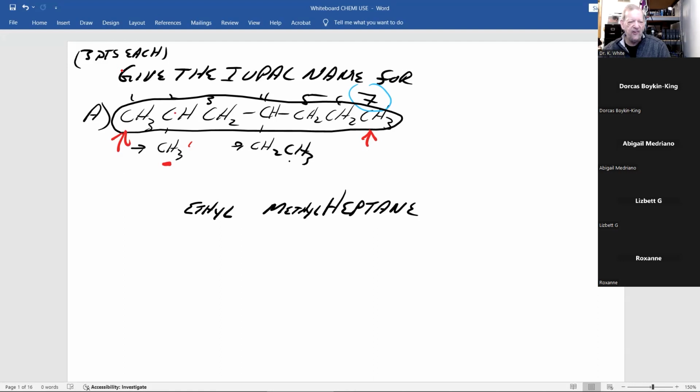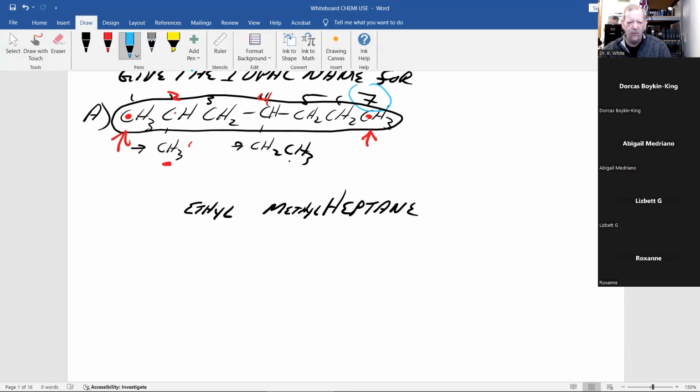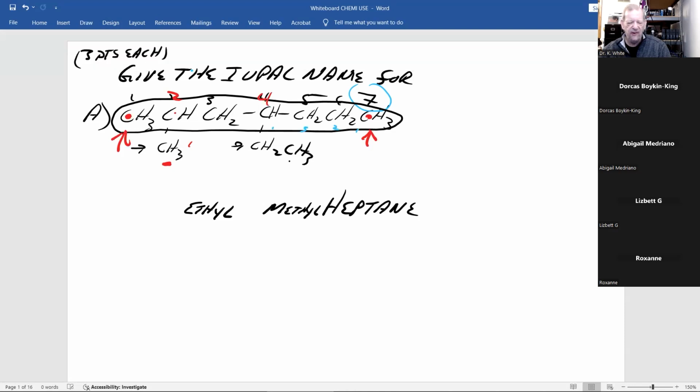No, you have to start from the end of the chain. If we start here, this is on carbon 2, this is on carbon 4. If we go the other way, 1, 2, 3, 4, 5, 6, then the alkyl groups are on 4 and 6. And you start from the end that gives the alkyl groups the lower number.